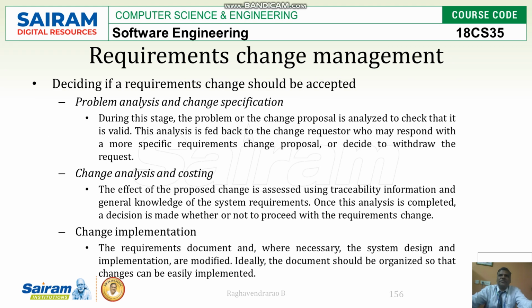So your change requirements are going to get accepted based on the deciding factors: problem analysis and change specification. Once the problem is specified, that should be analyzed, and based on that analysis the requirements are going to be changed.